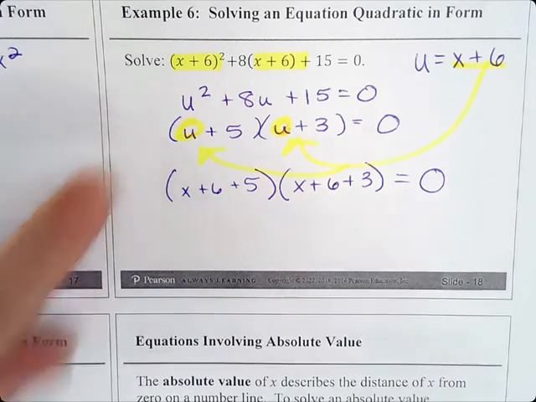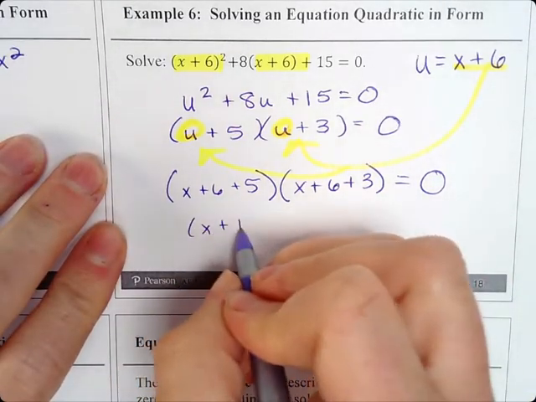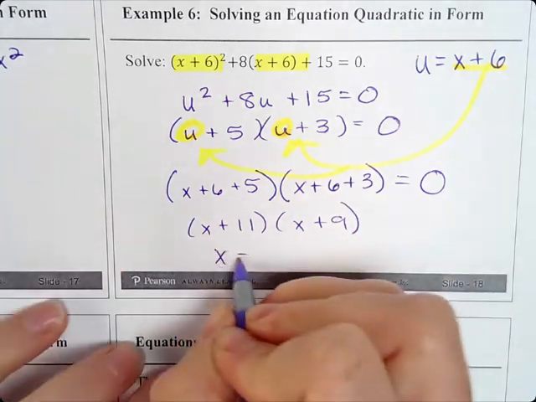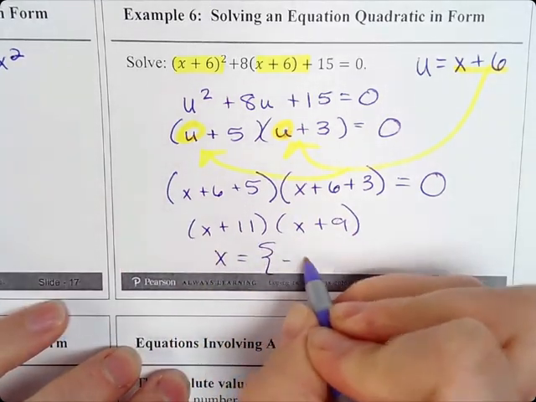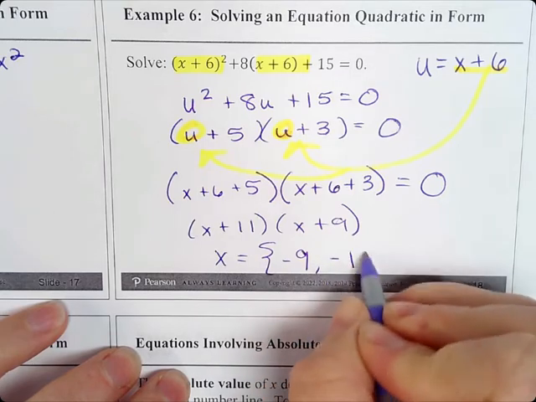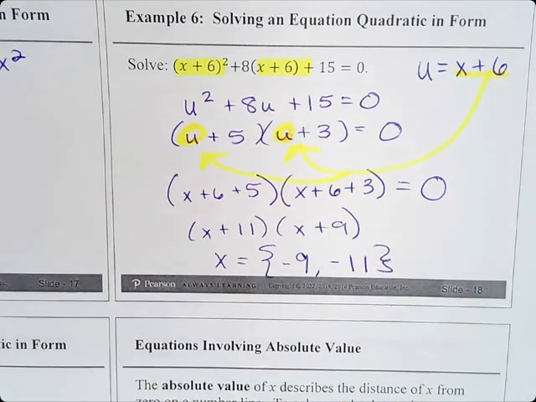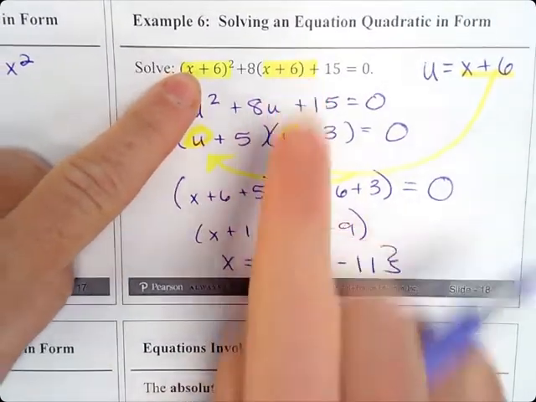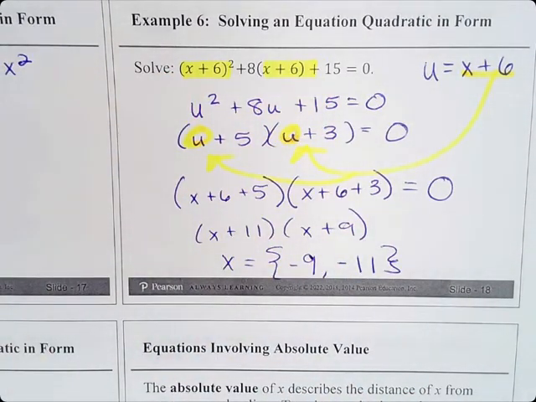So x plus 11, x plus 9. So what is our solution set? -9 and -11. Okay, so see how much simpler that made it? Instead of having to distribute, combine like terms, and then factor, it made it so much simpler.